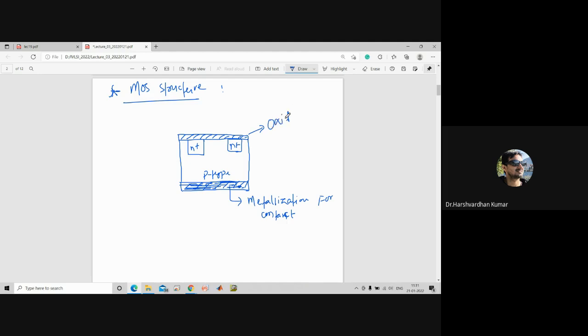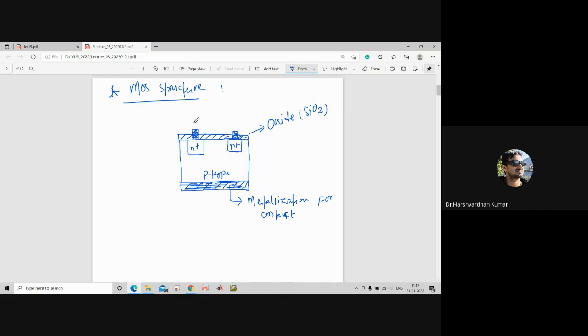So this oxide is SiO2. And again here there will be a metallization through etching so that you can get the contact to the N region.